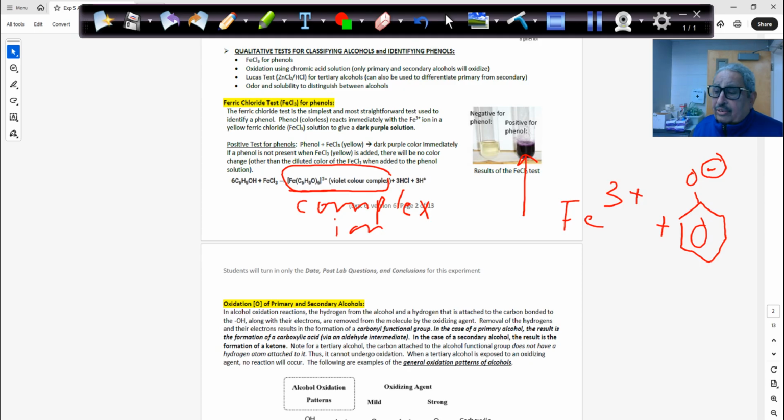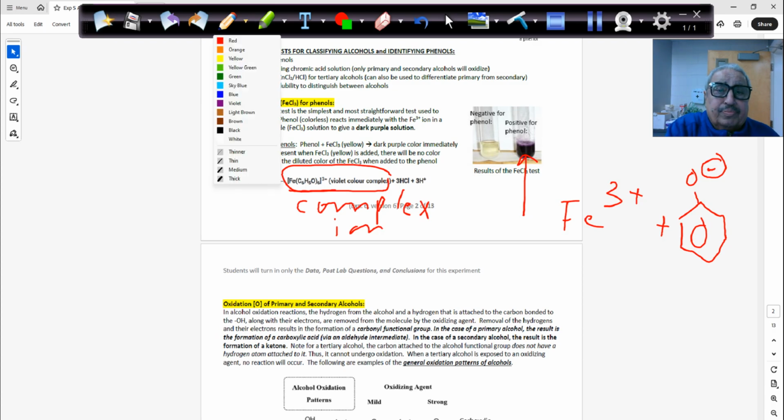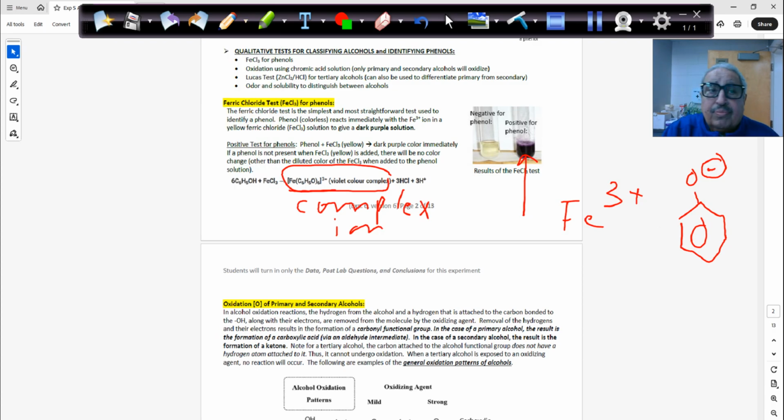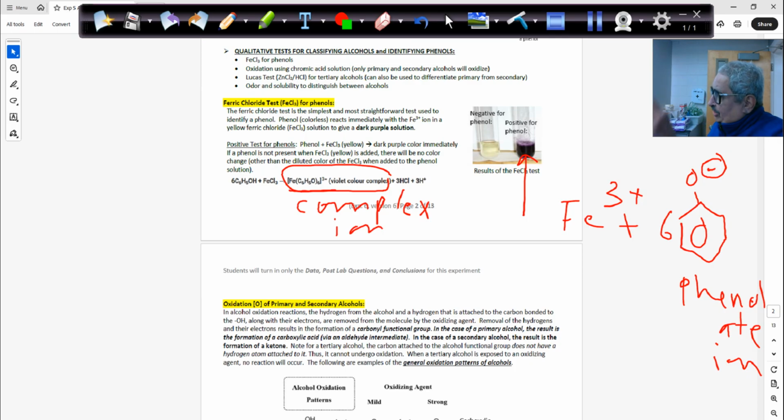Correct? And then they react together with 6 of phenolate. This is called phenolate ion. We took from the phenol the OH, the hydrogen out, and we get phenolate. Correct?